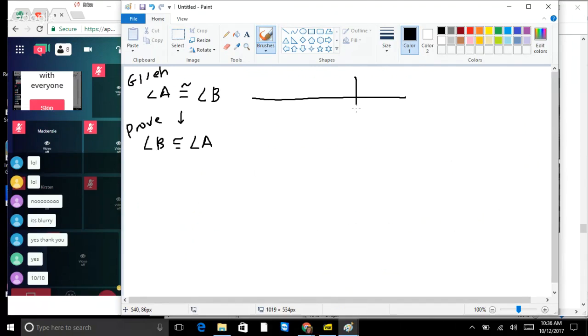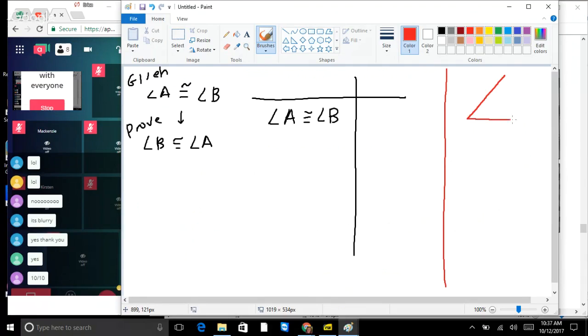When you make a proof, you start off with what's given. I know that angle A is congruent to angle B. One of the things that's very helpful, though you don't have to do it, is that we can always draw a little diagram off to the side to help us. And my reason that I can say angle A is congruent to angle B is that it is given.